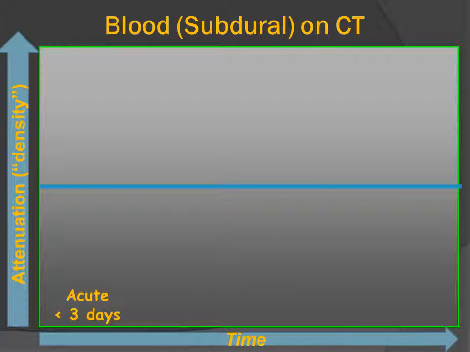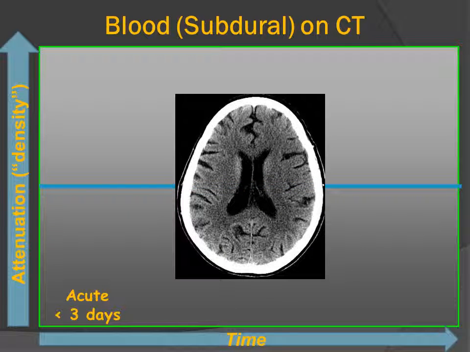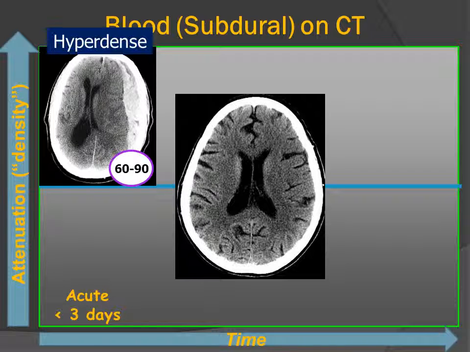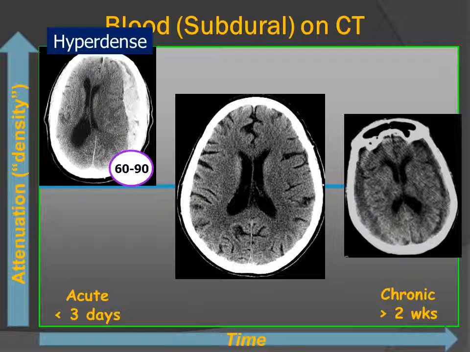If we think about the normal density of the brain, it falls between about 20 and 40 Hounsfield units. An acute extraaxial subdural hematoma is going to be hyperattenuating in a patient with a normal hematocrit. It will be hyperdense with a Hounsfield value of 60 to 90 units. If the patient is untreated, several weeks later in the chronic time frame, the blood will be digested and break down, it will become liquefied, and we will have a low attenuation or a hypodense collection of about 0 to 10 Hounsfield units.